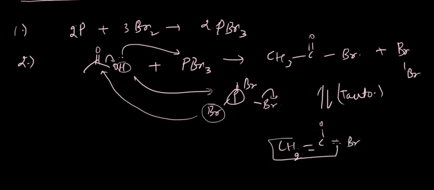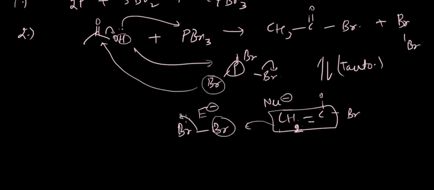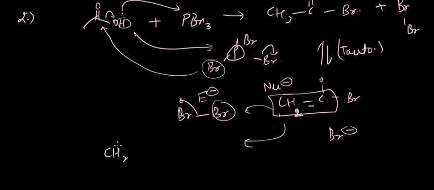Now this alkene will act as a nucleophile on Br, which is an electrophile. One of the Br will be attacked and one of the Br will be set free as Br minus, and we'll get something like CH2Br with positive charge on this carbon, and O negative here and Br here. Tautomerism will actually give us OH rather. So this will get something like OH here.